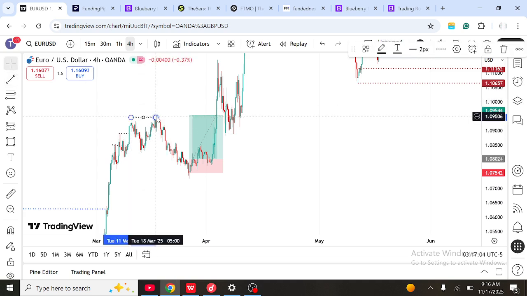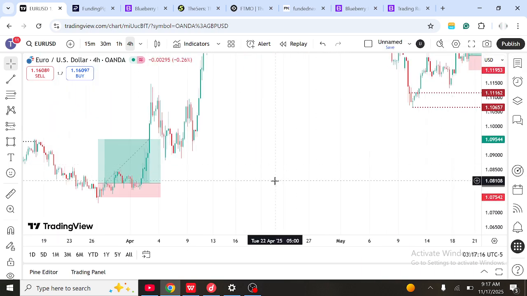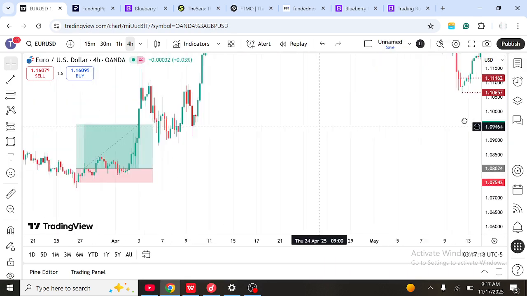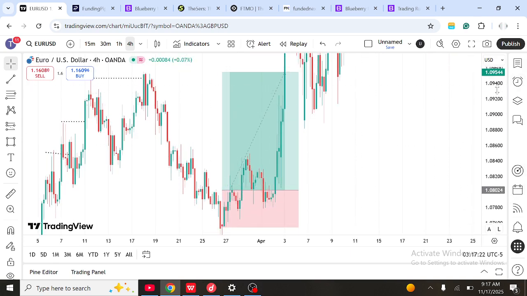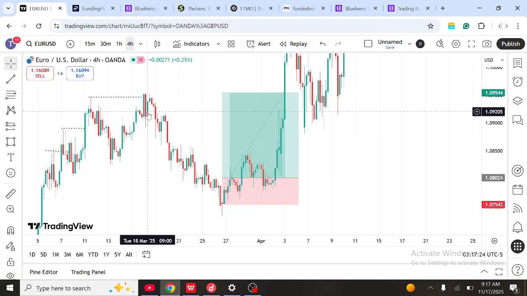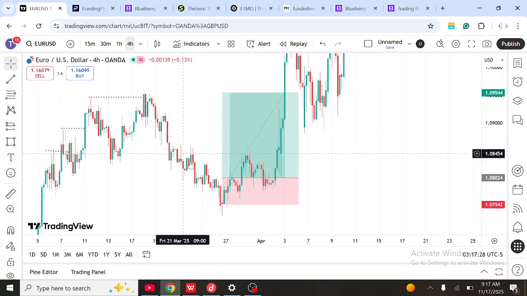So when price started pushing to the downside to take out this low, we'll start looking for change of character. All these movements here are internal structures. The market is pushing down using the internal structure model.